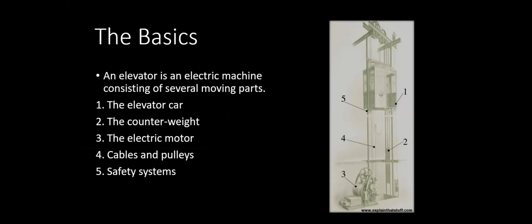And then there's a counterweight and that's probably the most important part of the elevator, but we'll get to that in a minute. And the electric motor that pulls the load up and down, on a series of cables and pulleys. And then there's some safety systems in place as well, just in case one of those cables snaps or something else goes wrong.